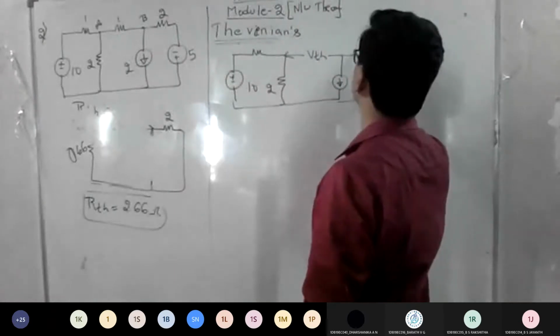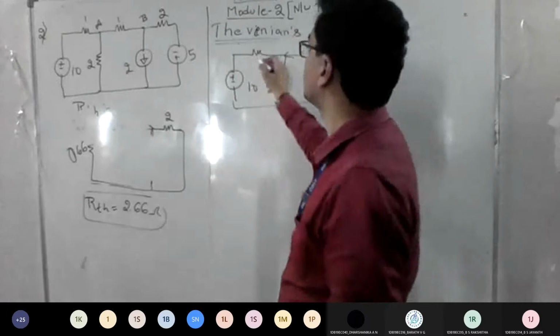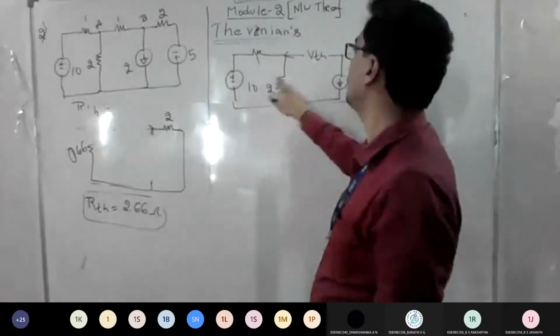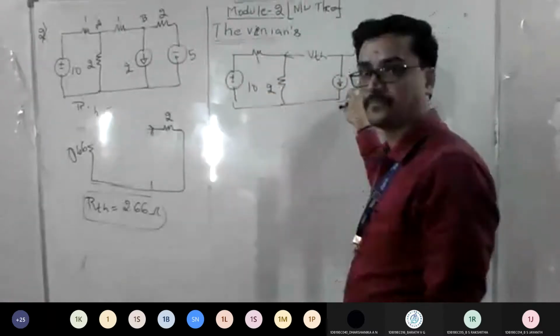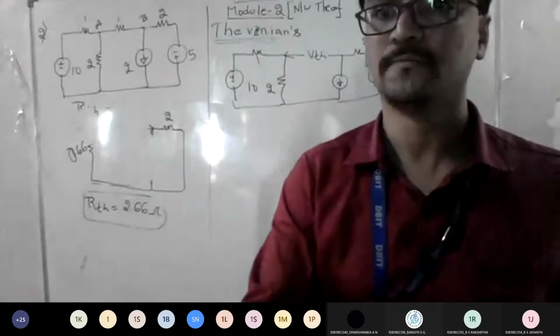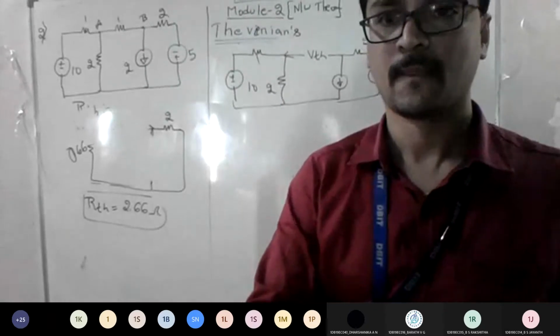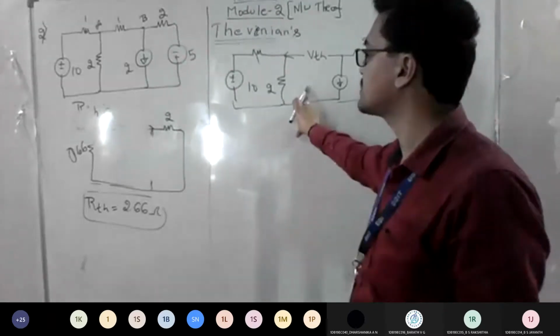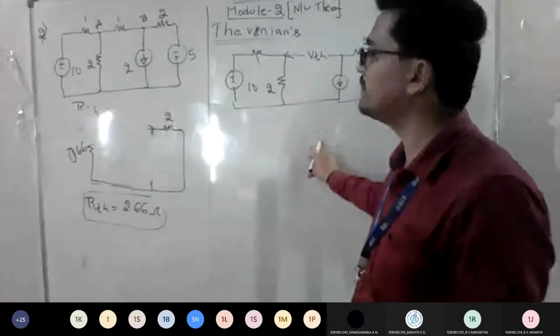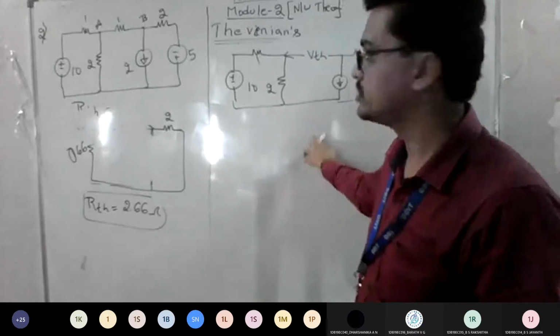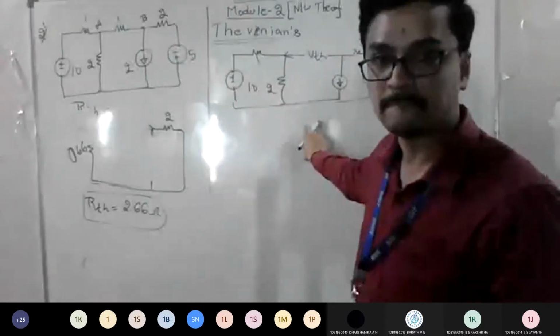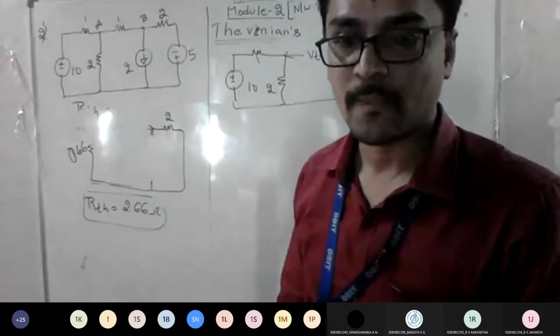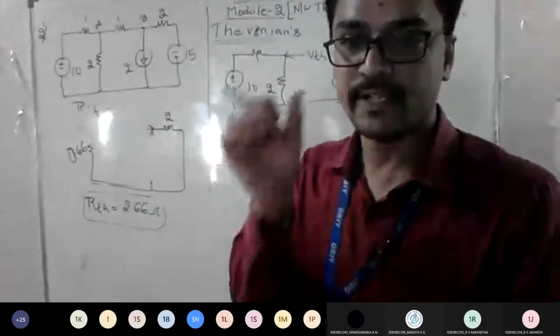How many meshes do you have? Mesh 1, mesh 2, mesh 3. Which current will you find now? If you apply mesh analysis, I need to find VTH. This is the I2 current and this is the other current, and subtract them. How will you find the current across VTH here?